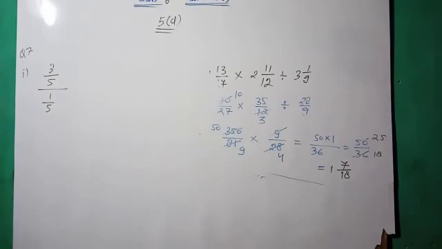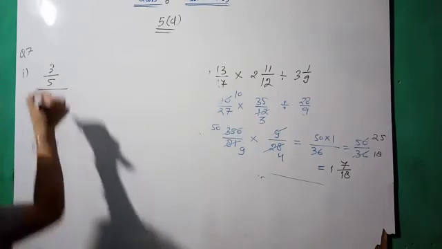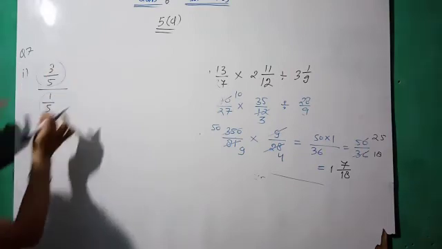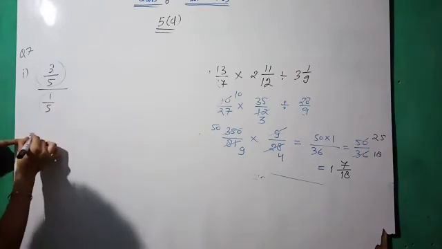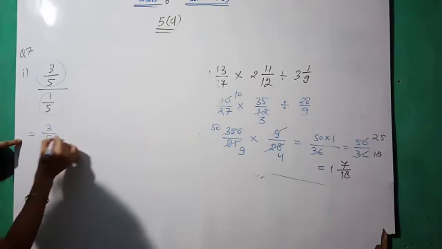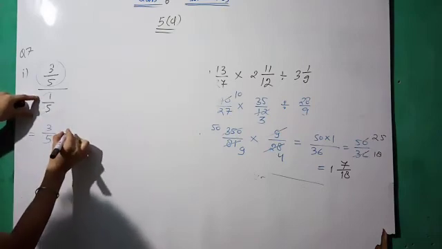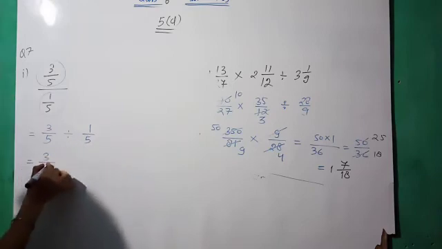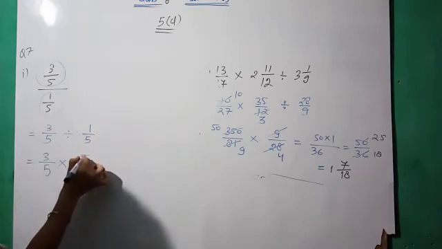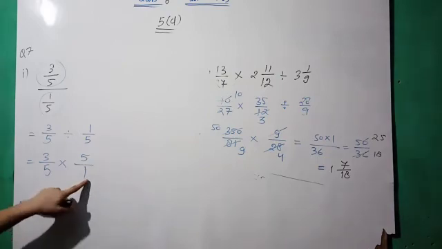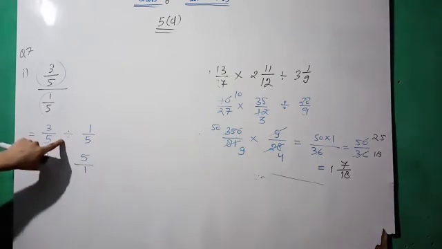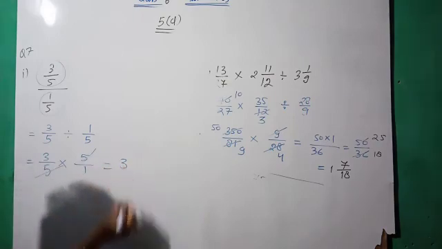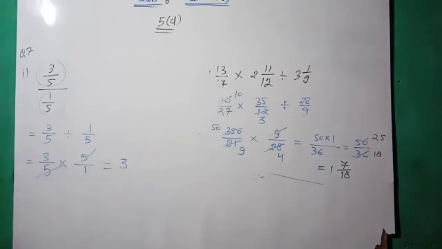In this type of question we have to treat these two terms as a single term. We have 3 by 5 and divide by 1 by 5, so you have 3 by 5 into 5 by 1, because the reciprocal of 1 by 5 is 5 by 1, and instead of divide you multiply. Now cancel, 3 upon 1, the answer is 3. Similarly, you have to take the rest of the parts.